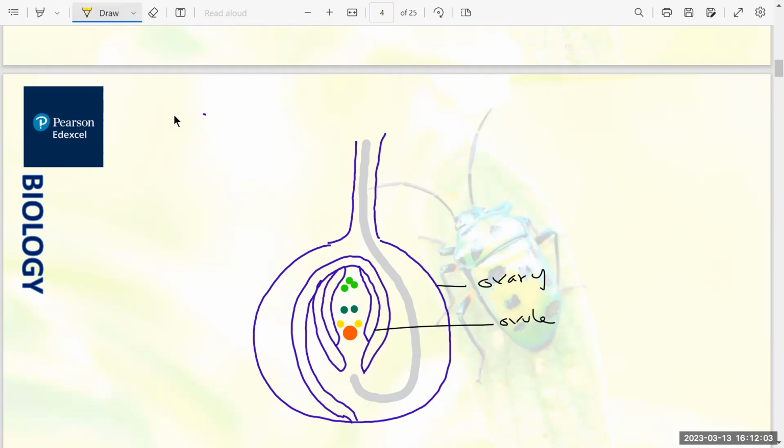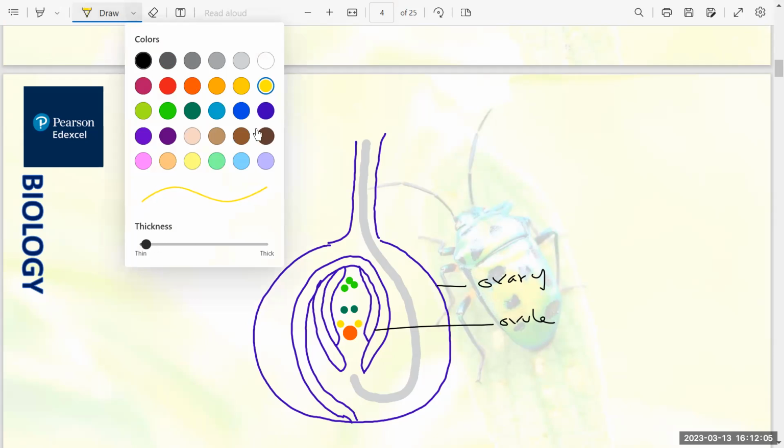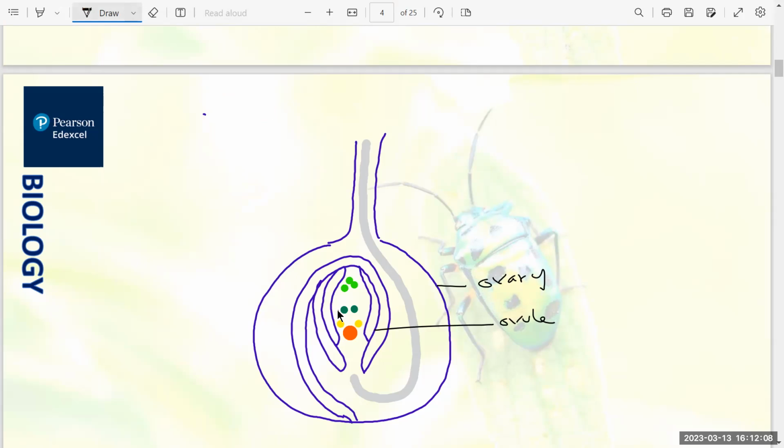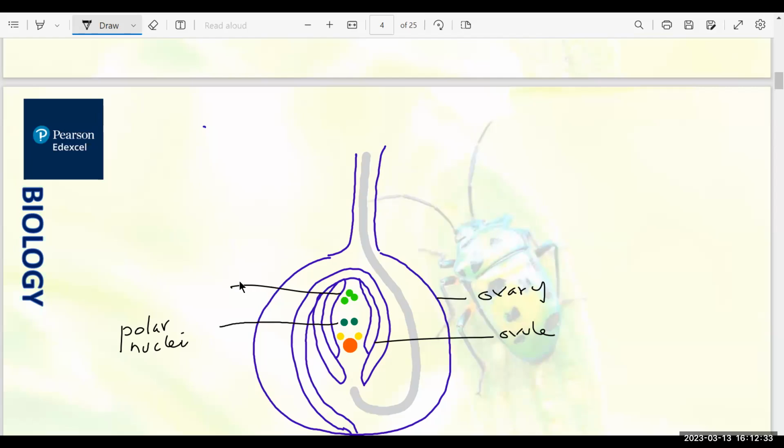So these two nuclei are called polar nuclei. And these 3 nuclei are called antipodal.